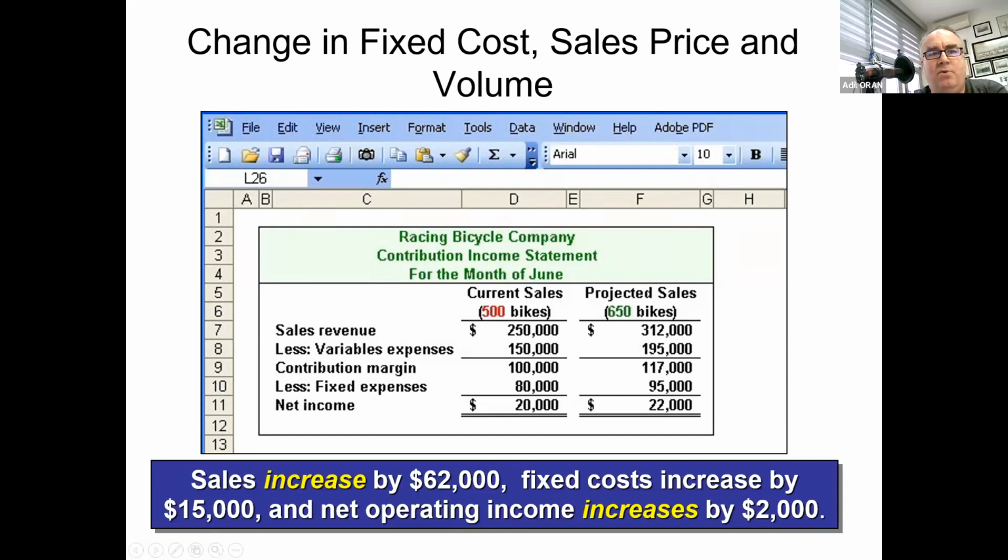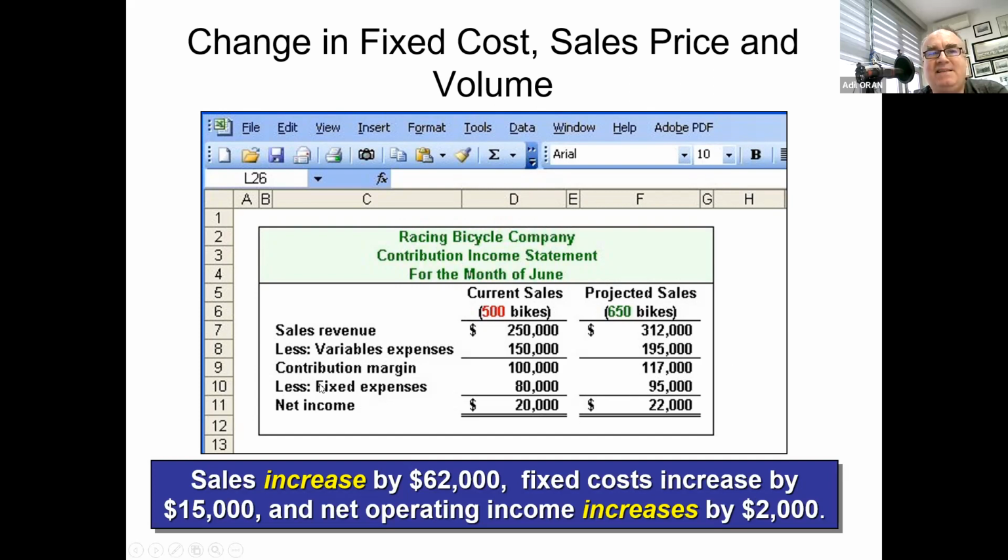I could have also calculated this. And the new contribution margin is how much? 480 minus 300. So 180 is the contribution margin per unit under the new conditions. So 650 times 180 should be giving you this contribution margin.